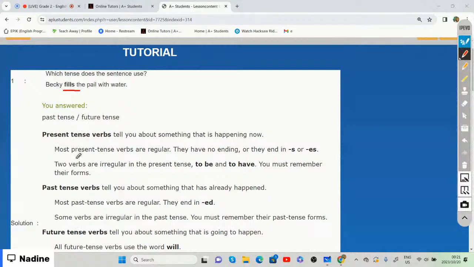So is fills present tense, past tense, or future tense? You look at the descriptions of the present tense verb, past tense verb, as well as the future tense verb. If we look at the word fills, is that present tense, past tense, or future tense?